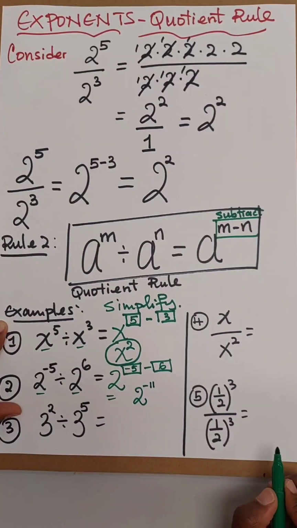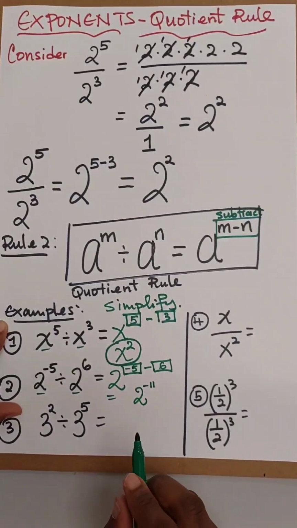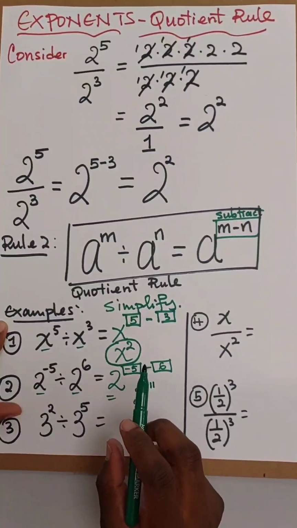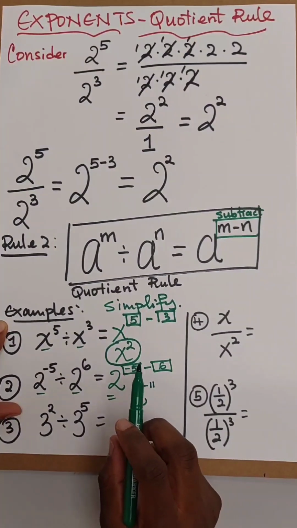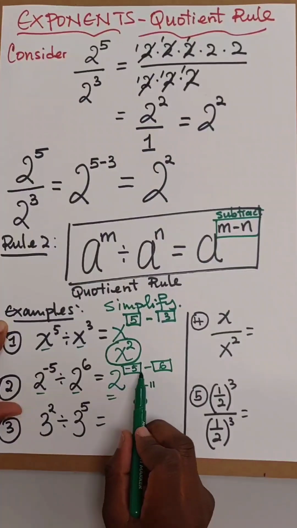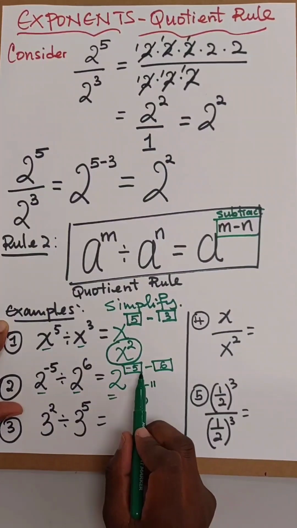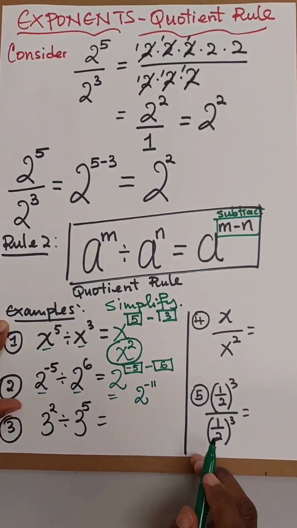Okay. Our goal here is to apply the property for simplifying exponents. Subtracting integers is a skill that is already required. That is already a prior knowledge for this standard.